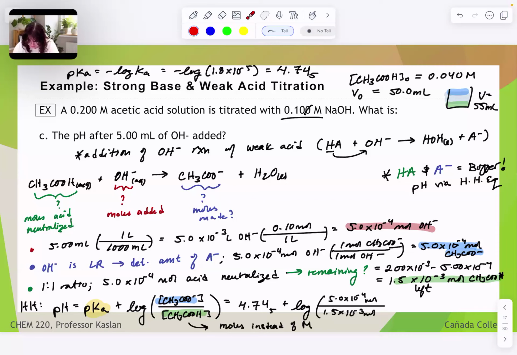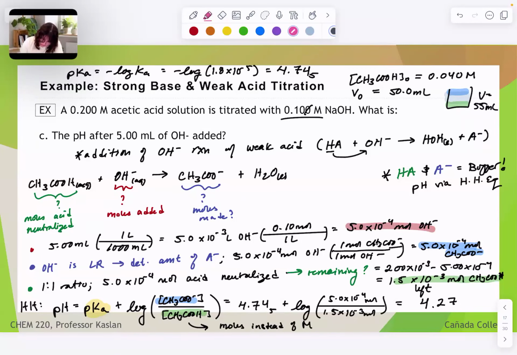So let's see here, 5.0 times 10 to the negative 4 over our 1.5 times 10 to the negative 3. Okay. When I do this, this gives me a pH of 4.267 or 4.27 with rounding.